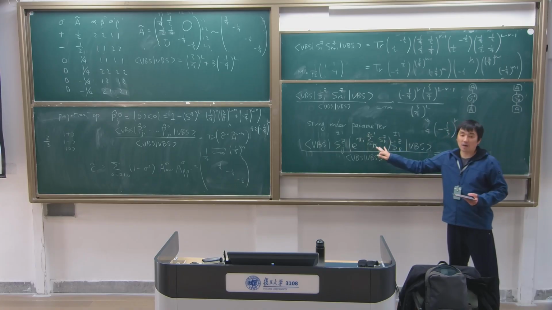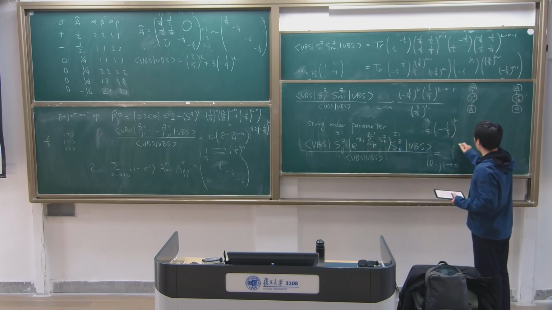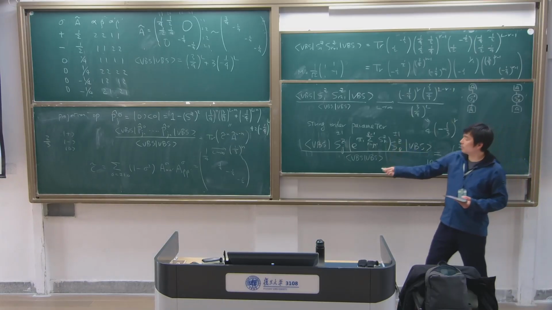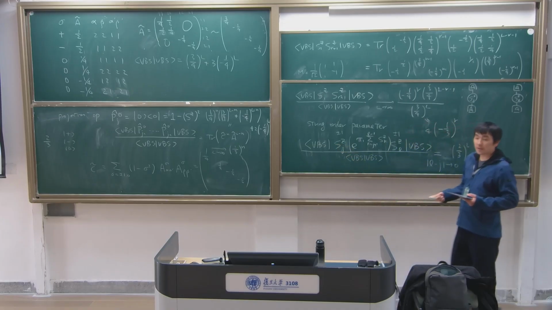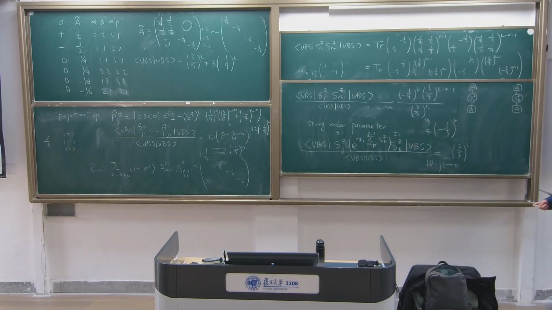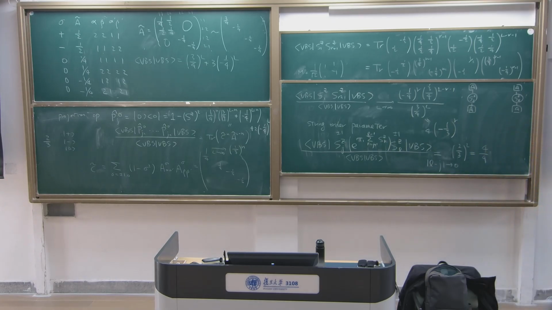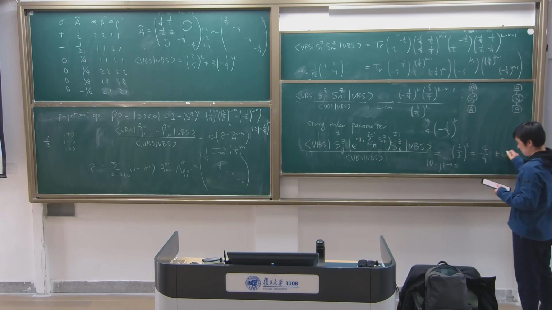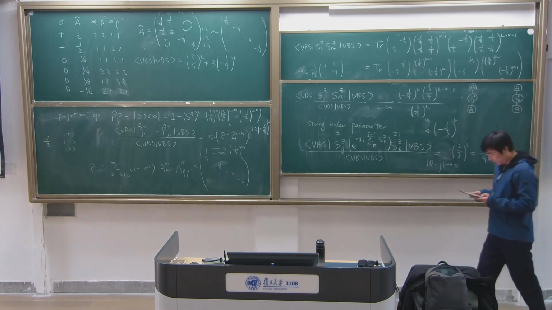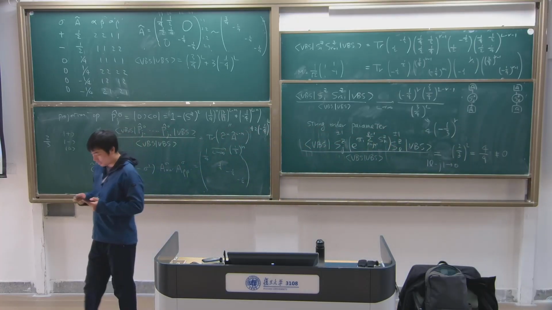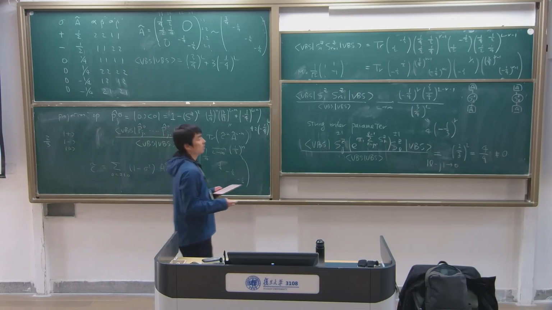Therefore, this becomes 1, and this becomes 2/3, because we have 2/3 and 2/3 contribution probability. So this string order parameter provides a non-zero answer.